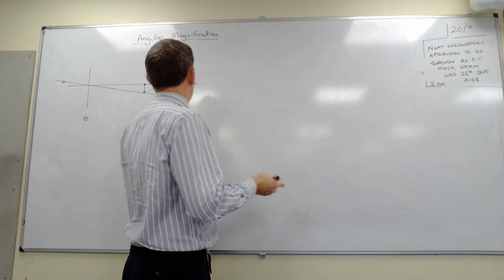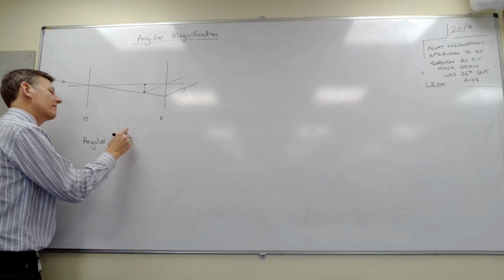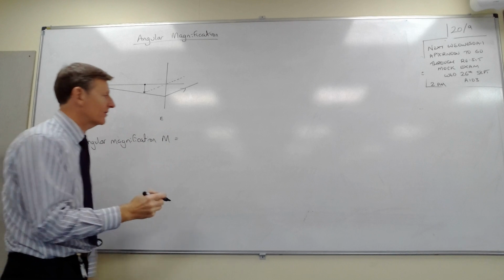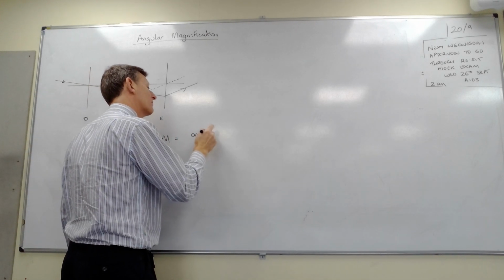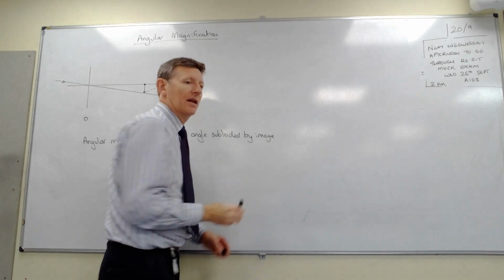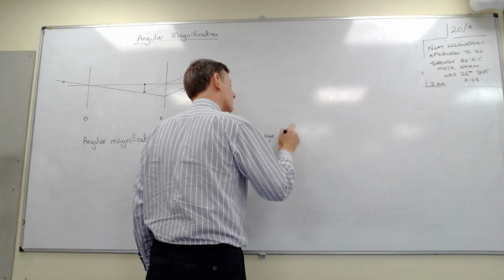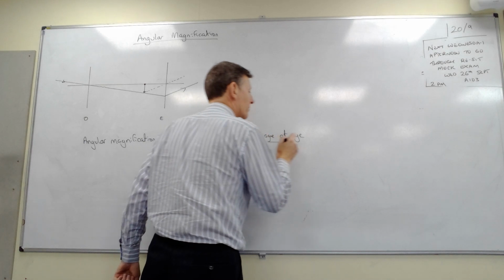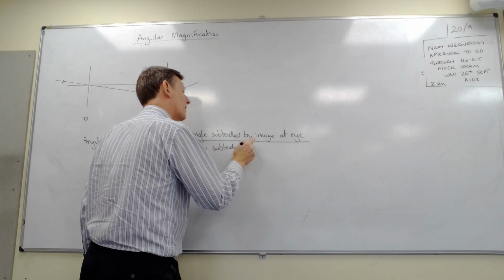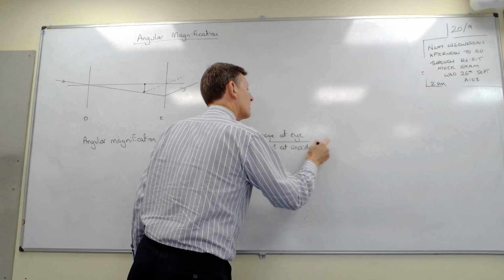Okay, and the angular magnification M is defined as, I'll give you the definition and I'll explain it: angle subtended by image at the eye, divided by angle subtended by object at unaided eye.